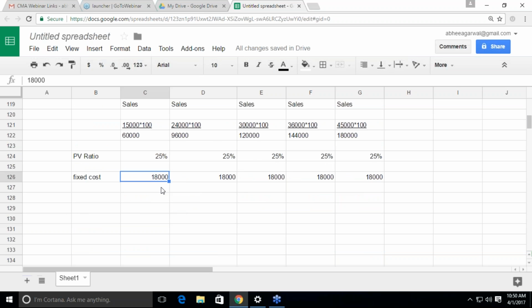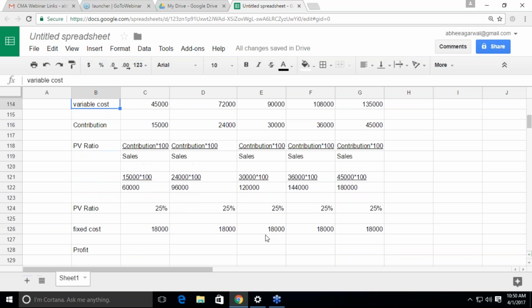So fixed cost 18,000 is constant at every level of production. Now we'll calculate the profit. Profit is equal to contribution minus fixed cost.